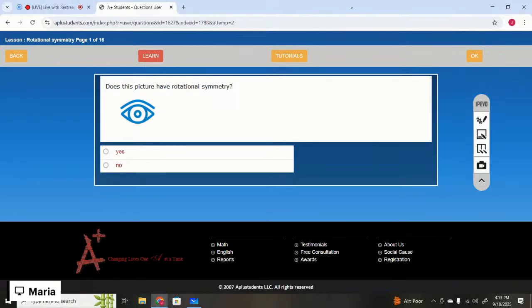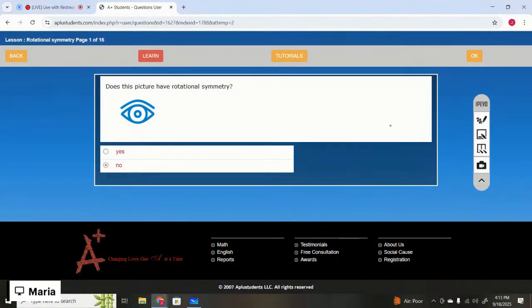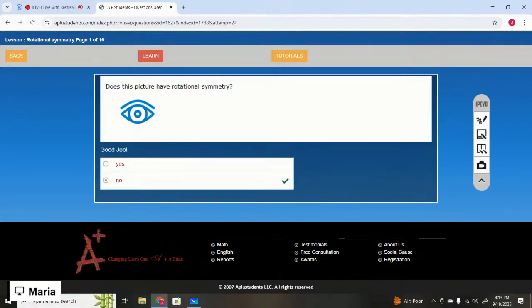Does this picture have rotational symmetry? No. If you rotate this, you need to see if it looks exactly the same. So the correct option is no. It will not look the same.